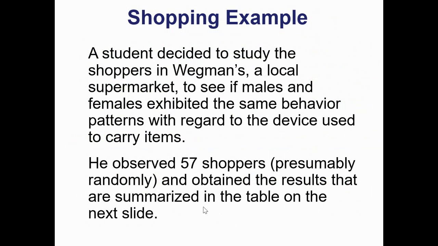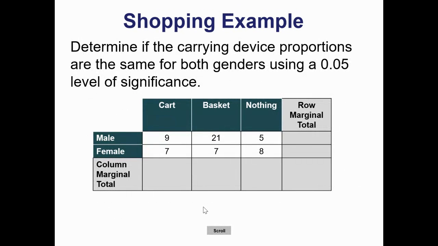He observed 57 shoppers. Presumably, we're going to say they were random. And obtained the results summarized in this table. Determine if the carrying device proportions are the same for both genders using a 0.05 level of significance.